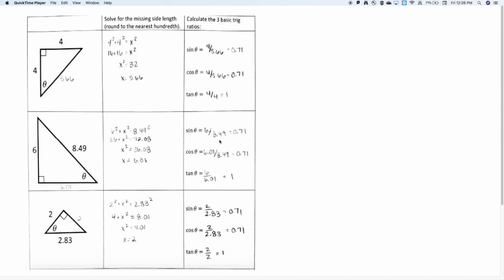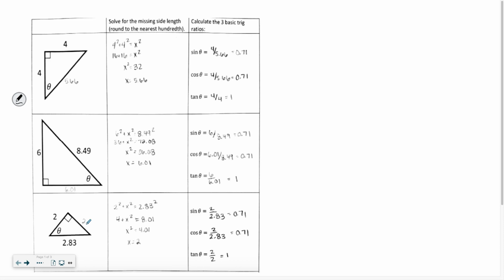Depending on your rounding, it might be a little bit off. And then in the last triangle, the missing side was 2. So you repeat the same process: O over H, A over H, O over A, plug it into the calculator and see what you get.